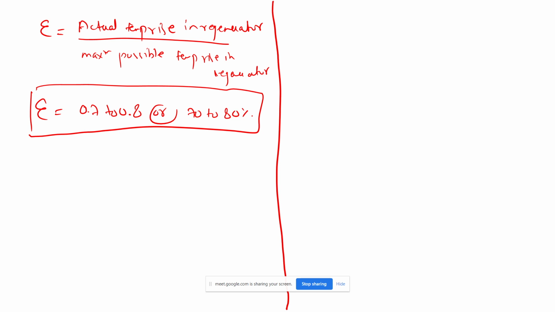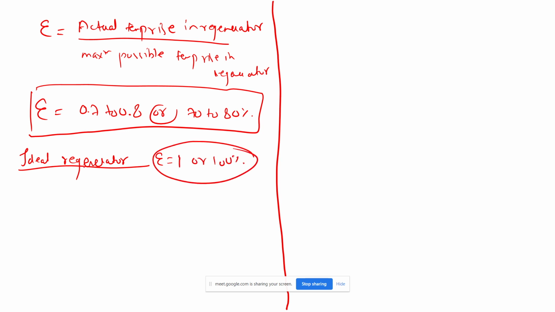But in an ideal regenerator, we want the effectiveness to be 1 or 100%. First I should write that effectiveness is equal to Ta minus T2 upon T4 minus T2.